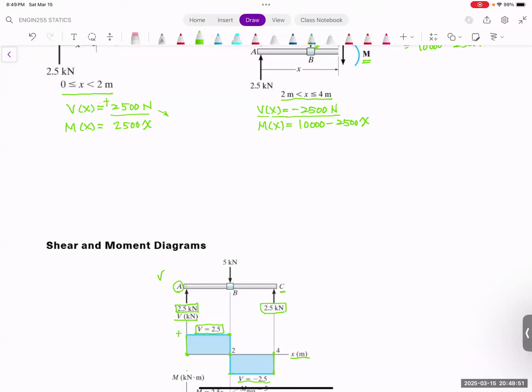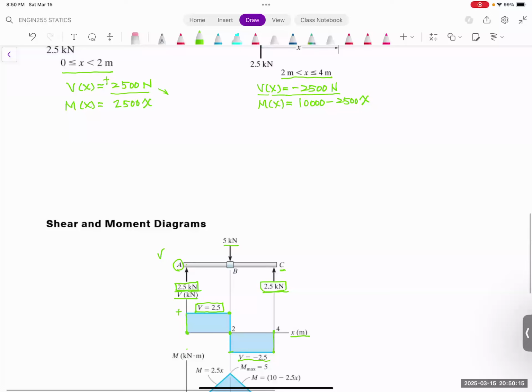So whenever you have a concentrated load on the member, your shear force is going to have a jump. How much of a jump depends on how much concentrated load you are applying in the diagram.